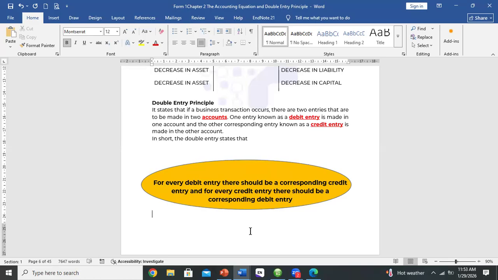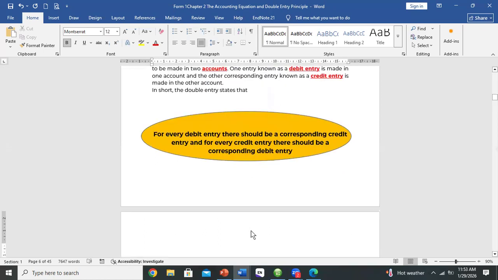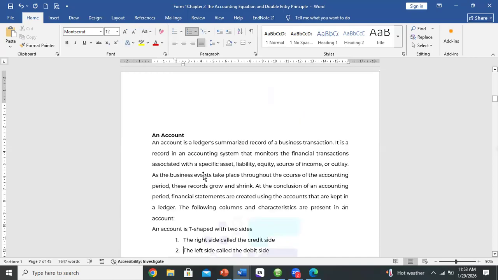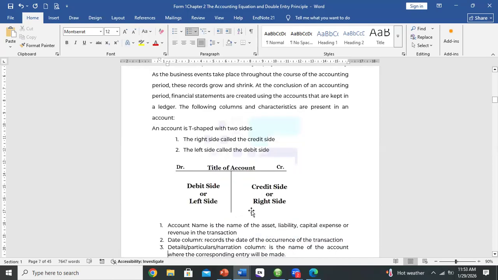He now went on to say, well, this debit entry and credit entry, you should do it in something we call an account. And he drew the account in this format. Okay, the one that you know, the T. So with the left side, the debit side, and the right side, the credit side, which I'm sure we all appreciate, that the left side of the account is the debit and the credit side is the right side.